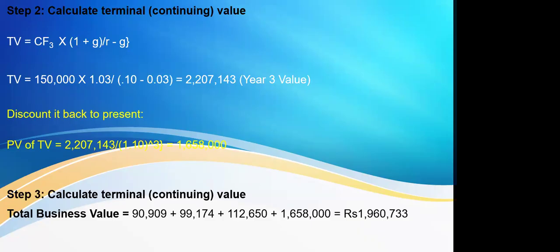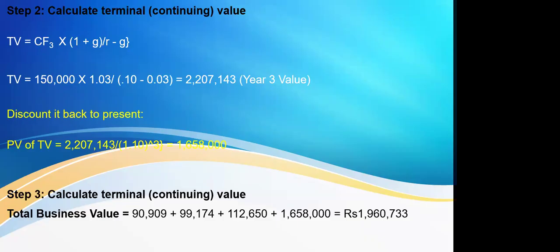What is the value as at year 3? $1.5 million or something? Yes, correct. Now you have learned that formula also, for cash flows without growth.